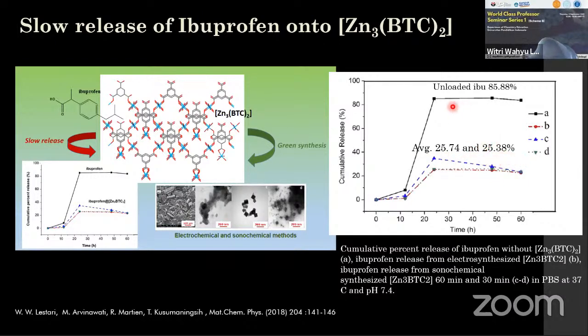If we compare to the unloaded ibuprofen, it's around 85.9%. It means they have explosive release here if you compare. This way, this material is promising as a drug matrix for drug release.